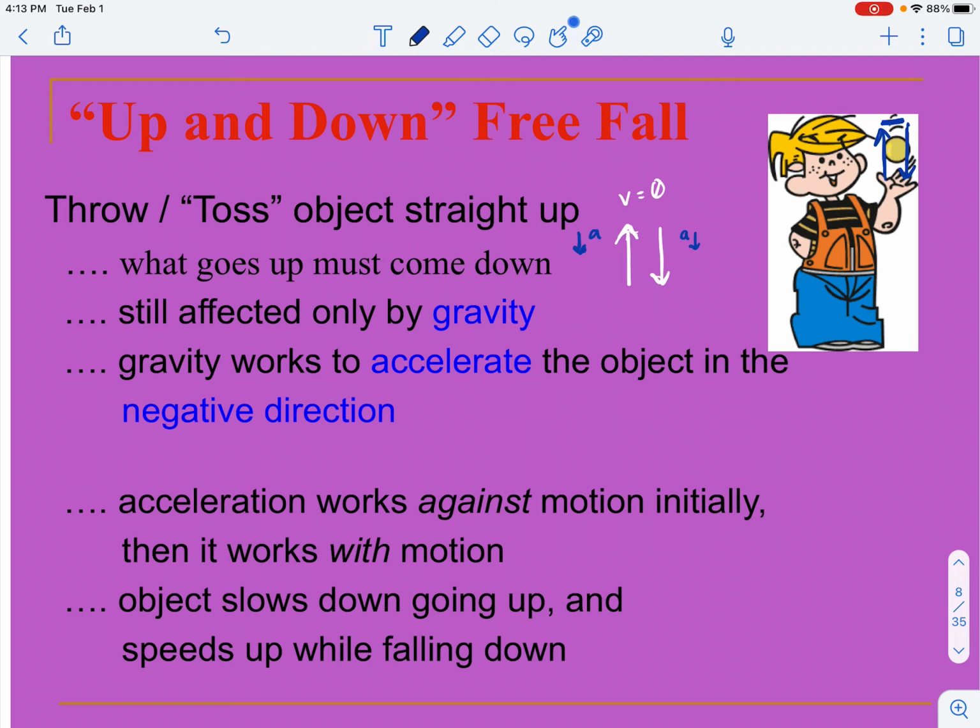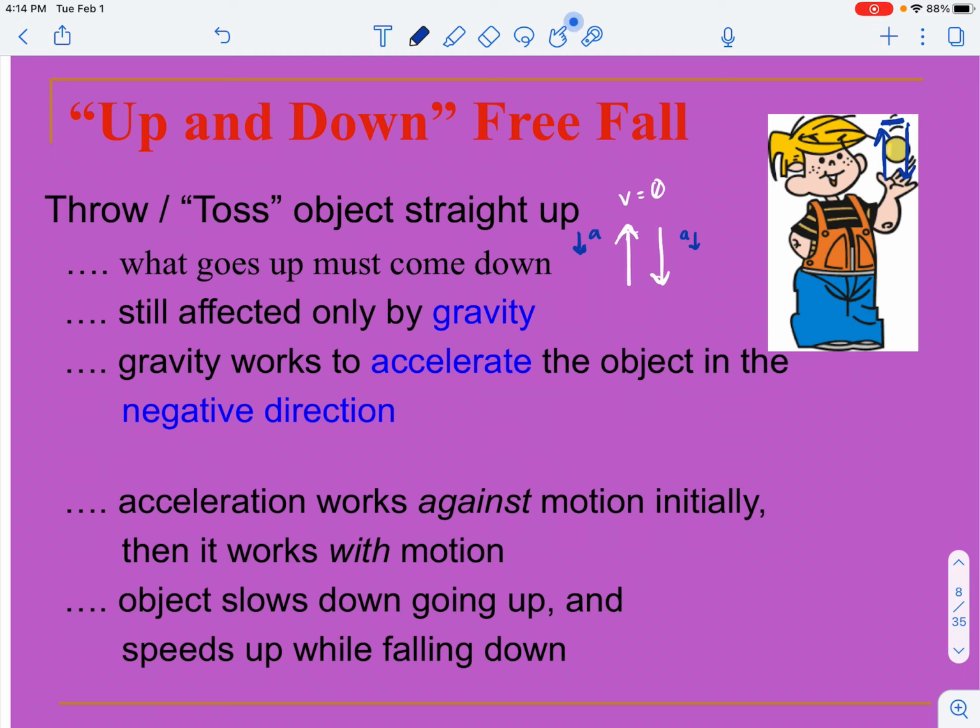Now we have already discussed this part of the motion. We've already talked about the object having the velocity of 0 at the absolute highest point that it will ever reach. And then you guys often can tell me without me even teaching you this, that objects are going to move faster as they fall. Well, that's because they are accelerating so that the velocity and the acceleration are in the same direction. And so that just makes my speed larger and larger and larger, okay?